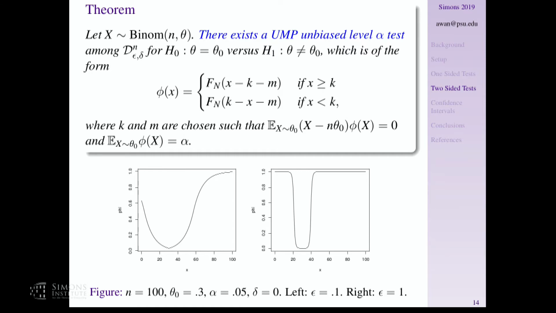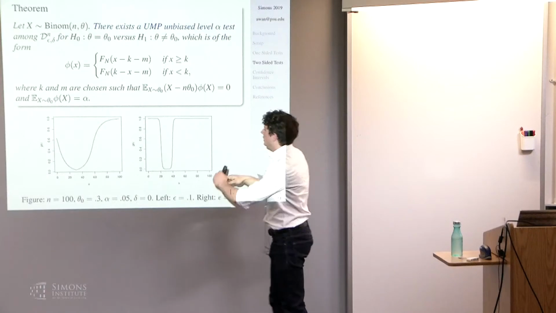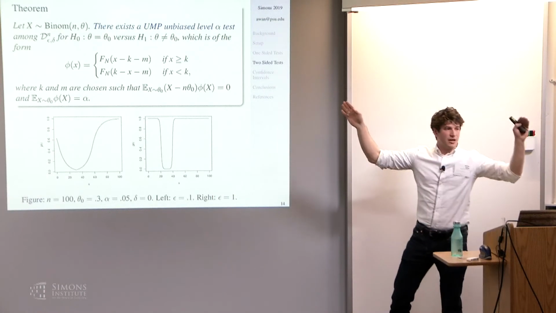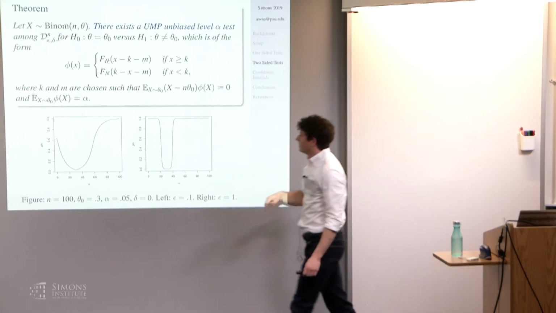Without privacy, imagine we have our set of x's. For large x's or small x's, we would eventually reject with certainty. And if it's moderate, near the null, then we wouldn't reject. So the idea here is that we're going to have some center k, and then we want to increase as much as possible in both directions. And that's what we see here.